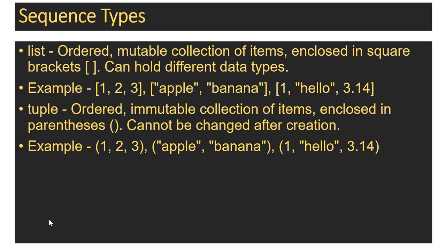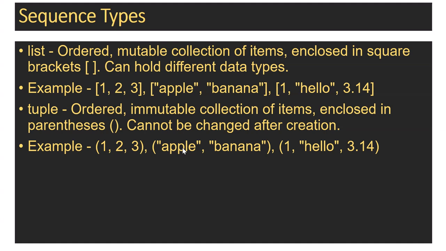But that's not the case for tuple. Once it is created, you cannot change it. That's what we mean by immutable. This is the first element, this is the second element, this is the third element, and after creation, you cannot assign this first element, which is 1, to another value. This first element here is apple.